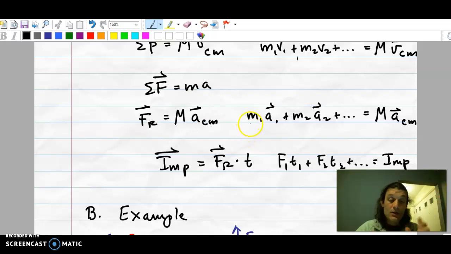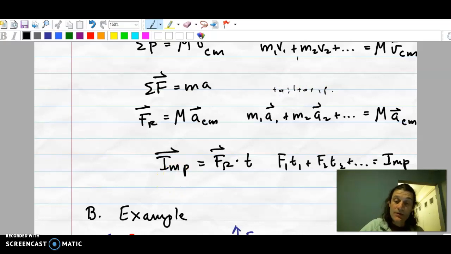Then you could do it the same way as we did up there. You can add up the MAs of each individual particle in that system of particles, and it will add up to the mass whole times what the acceleration of that mass whole is doing, the A whole. Remember, this again is a vector, so you push the tail to tip button if you need to, and it gets you that vector.